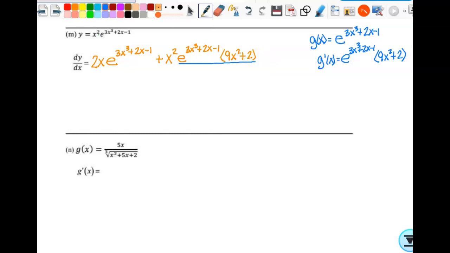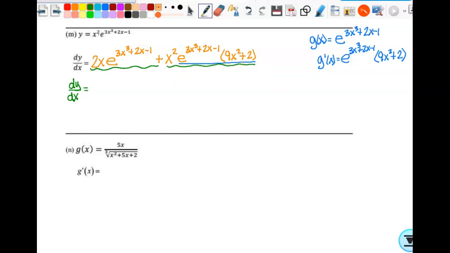So now, let's look at g prime of x. Oh my God. How many terms do I have? Depends on how you look at it. I got 2 inside of here, but I have 2 big terms that are being added from my product rule. Okay?